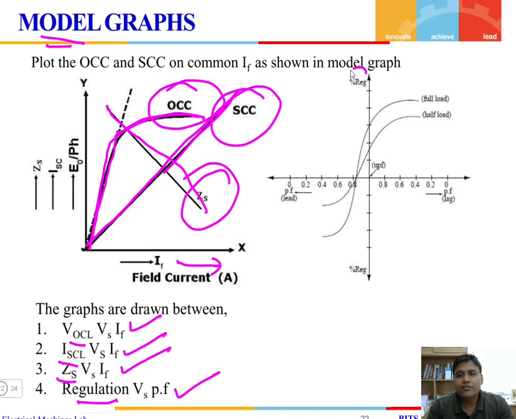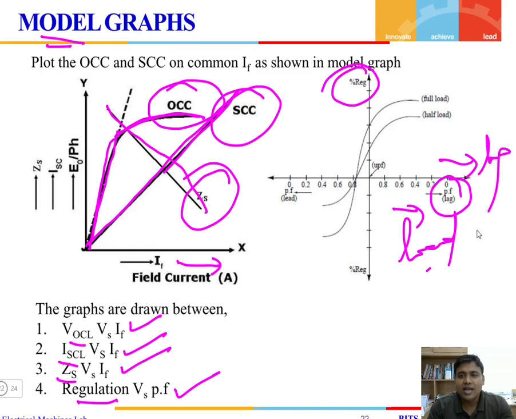For the different percentage regulation and the different power factor values of the load, this is the load, and here we have the lagging nature, and this side we have the leading nature. So load can be lagging or leading. We determine the value of the percentage regulation and draw the graph.